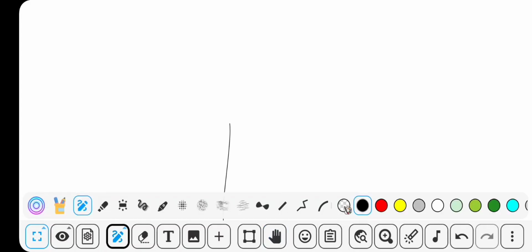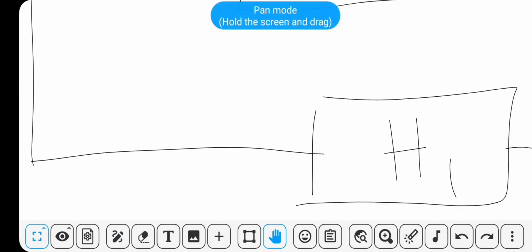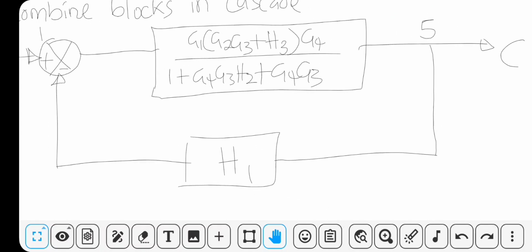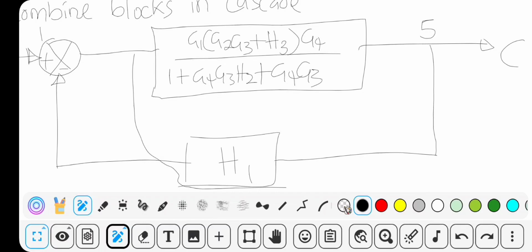Applying rule 4, because these two blocks are in parallel.